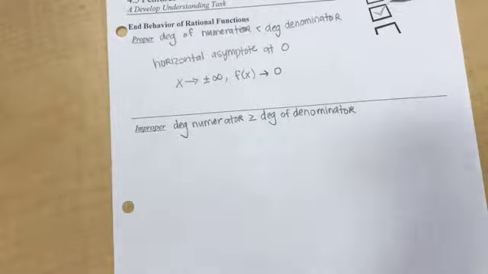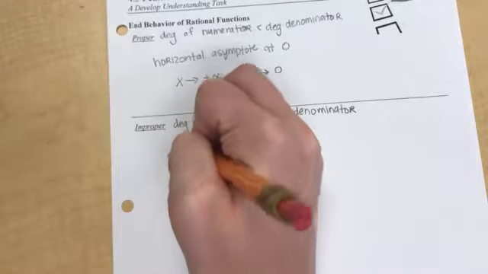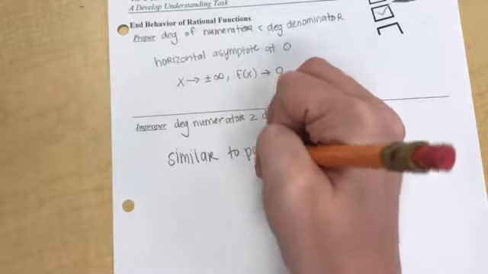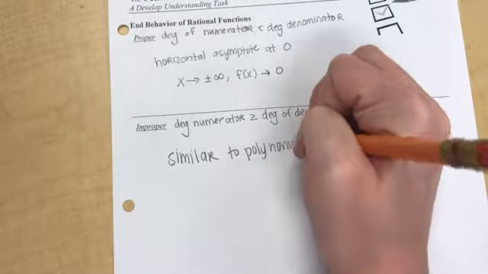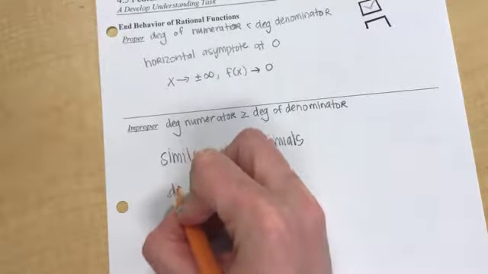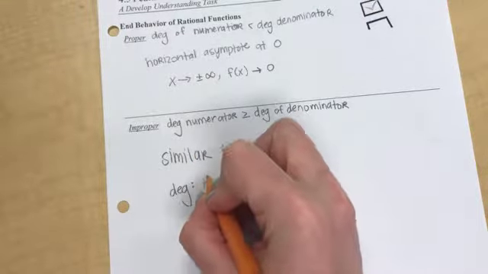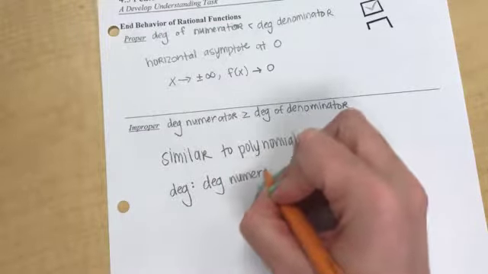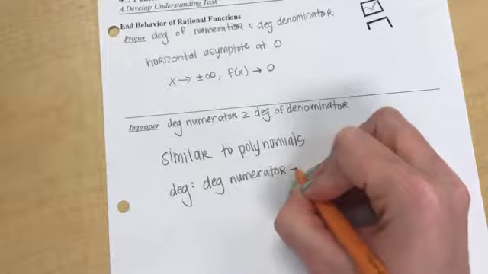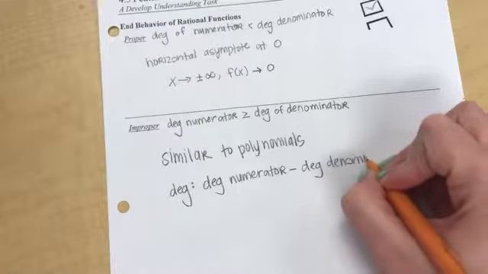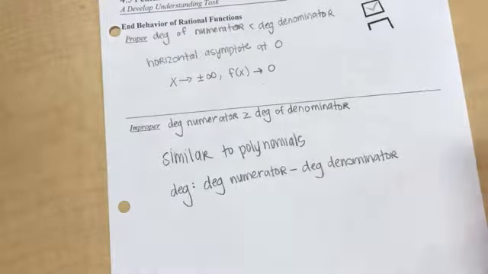The process we're going to use is very similar to what we did with polynomials. So we need a degree and a leading coefficient. For the degree, I'm going to take the degree of the numerator and subtract the degree of the denominator.